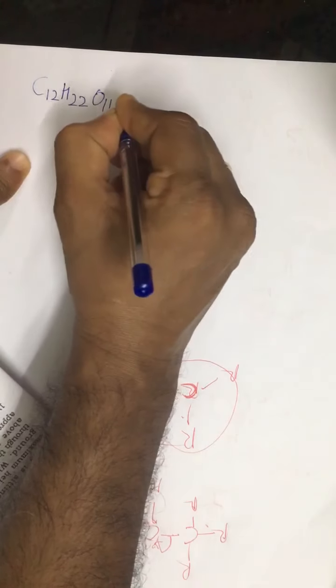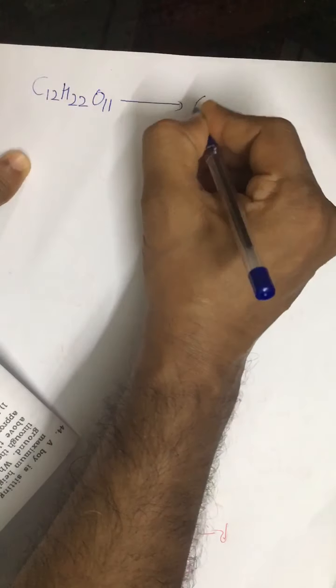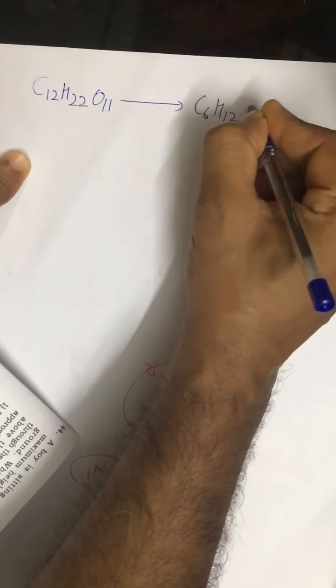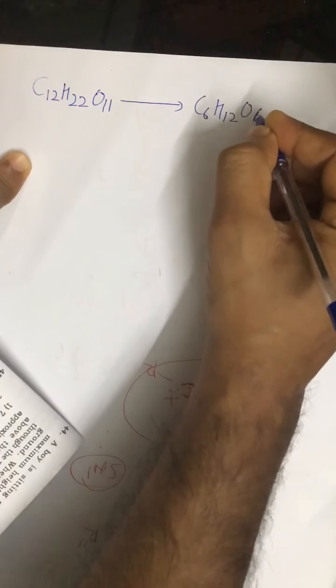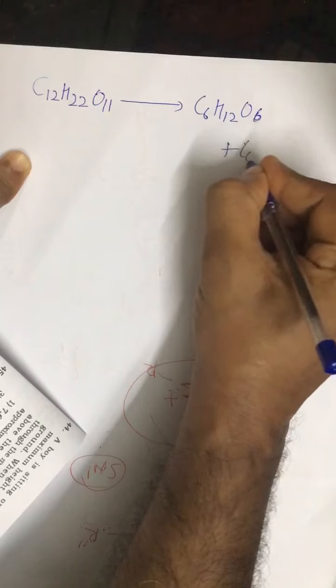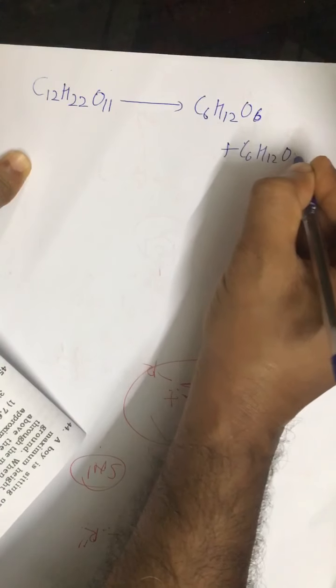So this reaction is basically sucrose, that is C12H22O11, hydrolyzed to give glucose, C6H12O6, plus fructose, C6H12O6. Alright.